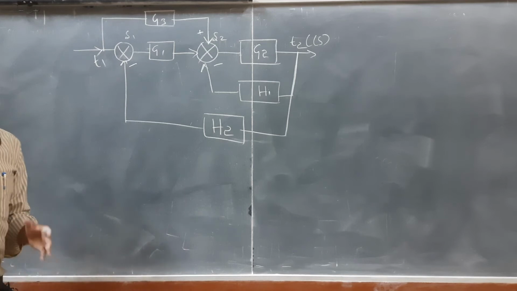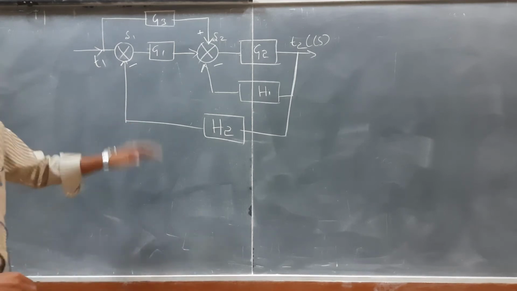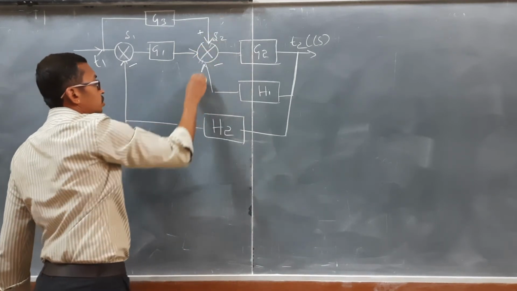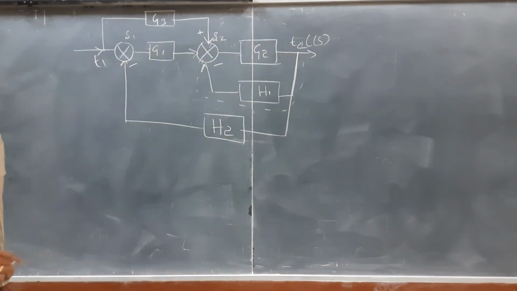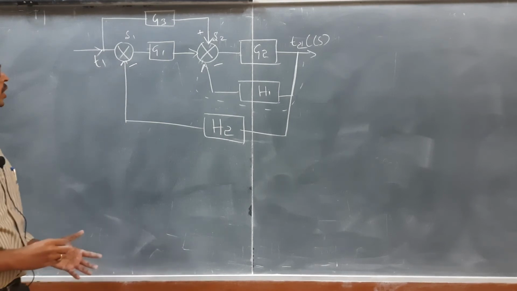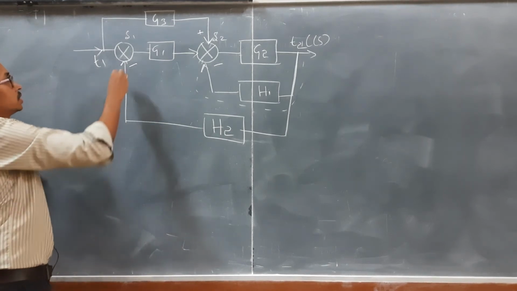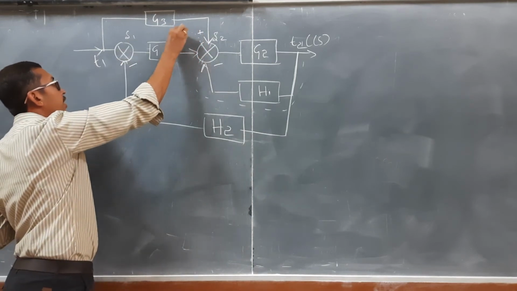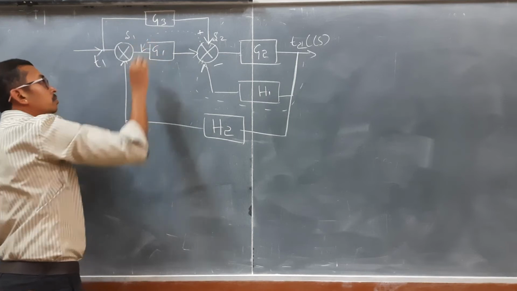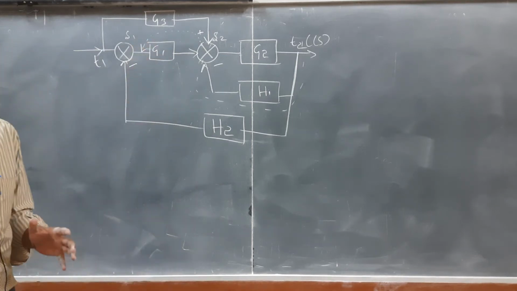So here, as our friend has told, we are going to first reduce this minor feedback loop, right? This is a minor feedback loop, and also we are going to shift this takeoff point before the block G1.